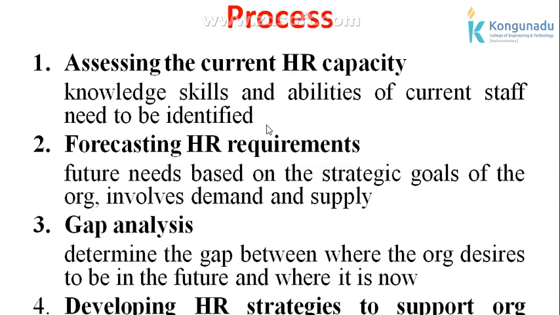Based on the above list, an employee's performance assessment form can be analyzed to determine if the person is ready and willing to take on challenging tasks in the employee's current development plan. So assessing the current human resource capacity is a very important source for HR planning.